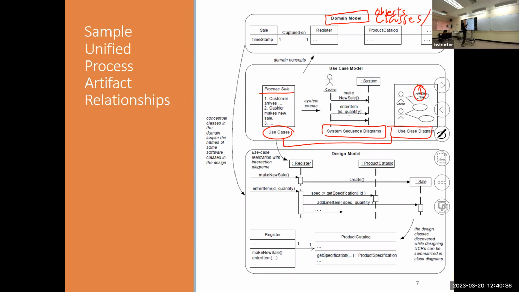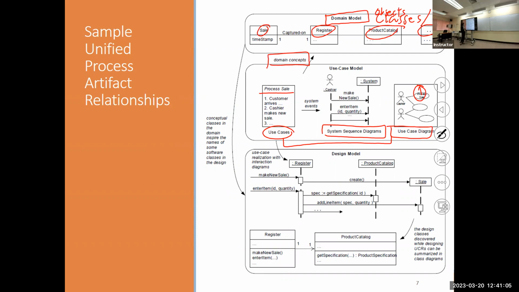In this example, it is about recording sales, handling a point of sale system, right? So we may have the class Sale, we may have the class Register, ProductCatalog, Customer, and so on. And this is through the class diagram. Domain concepts need to be captured in the class diagram.